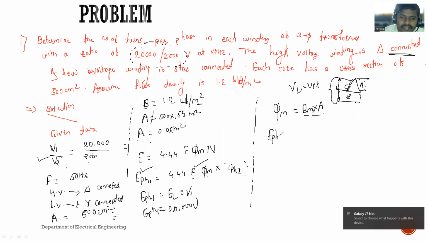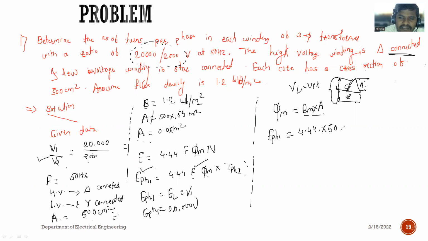So EPH1 it is equals to 4.44. Value of EF is nothing but 50 hertz into BM. BM is nothing but 1.2 into A is nothing but 0.05 into TPH1. We want to calculate the value of TPH1. So 20,000 divided by this all value is nothing but TPH1.